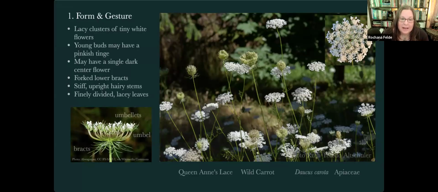It also has different types of stages in its flowering, which I'll talk about a little bit more in a second. But it has a very upright gesture, beautifully reaching up to the heavens with its lacy flower head. And because it is part of the Apiaceae family, it is an umbel flower, and these are the umbels.